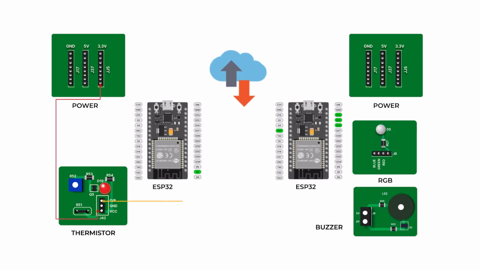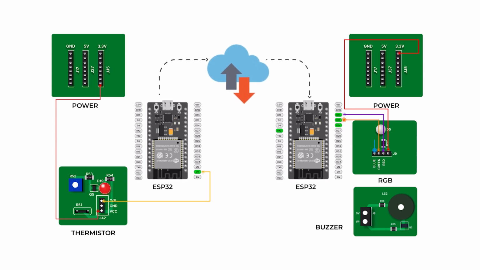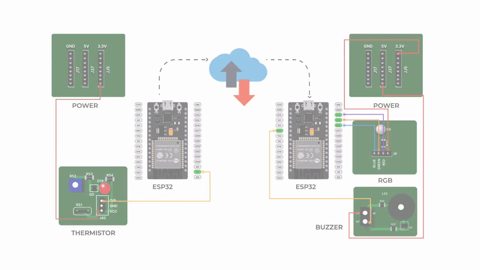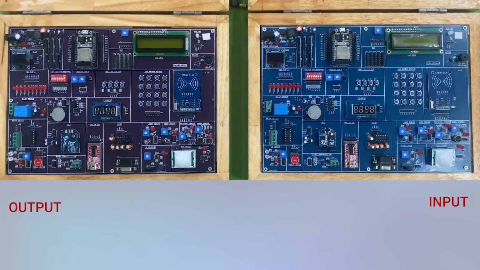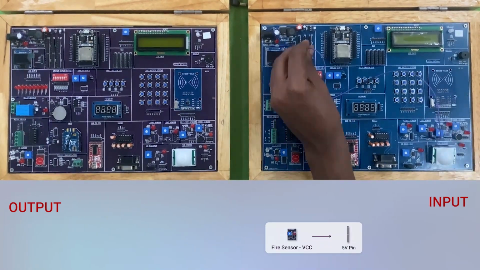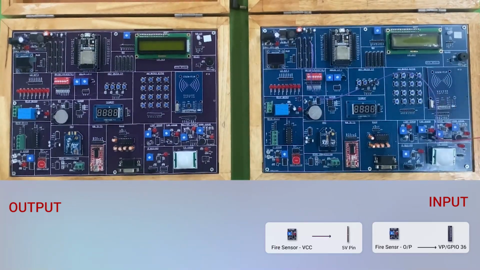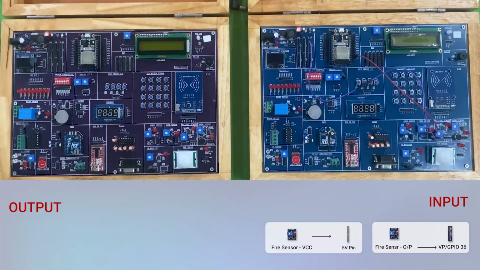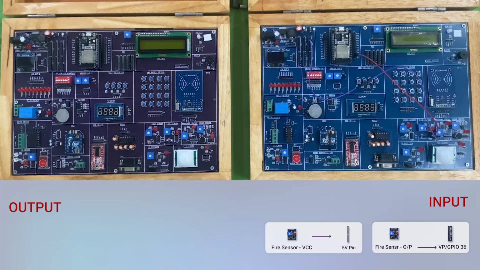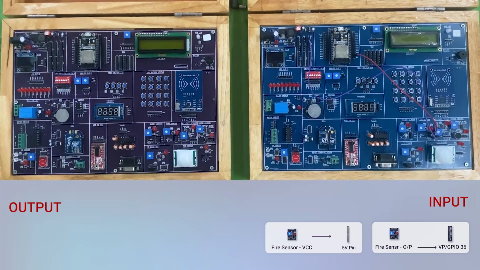Here the circuit diagram shows the actual wire connections being used. Connect the selected input, that is fire sensor, to the 3.3 volts power pin and the input pin to the GPIO36 pin for fire sensor in one kit.